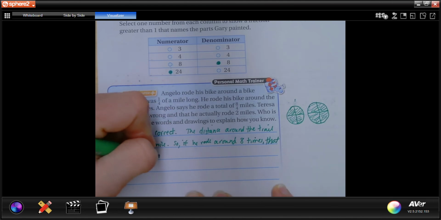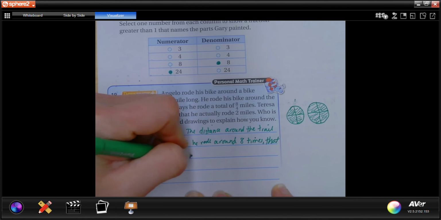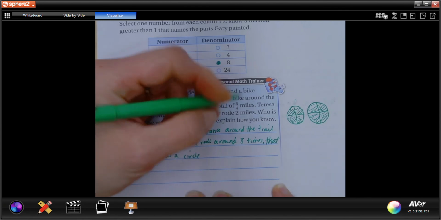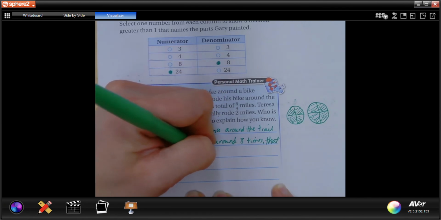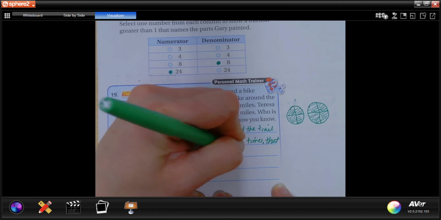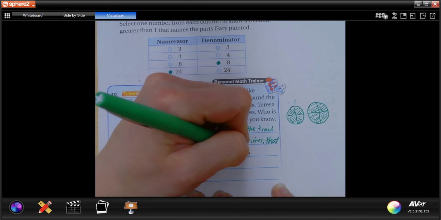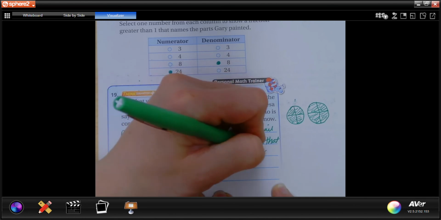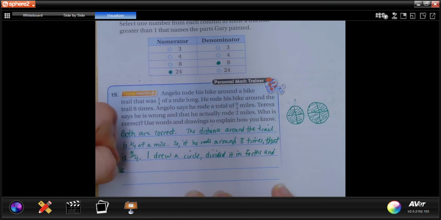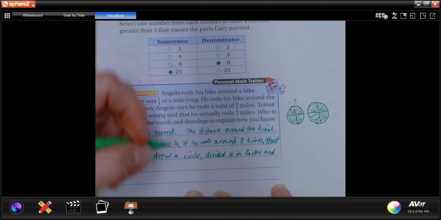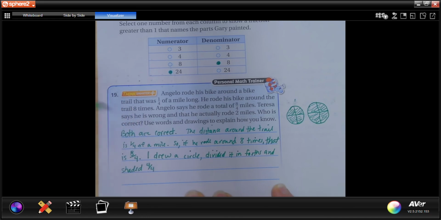I drew a circle. Divided it in fourths and shaded how many? 1, 2, 3, 4 out of 4. So that's 1 whole mile.